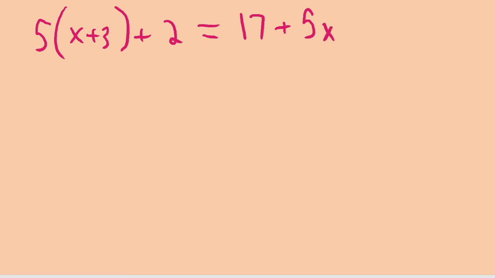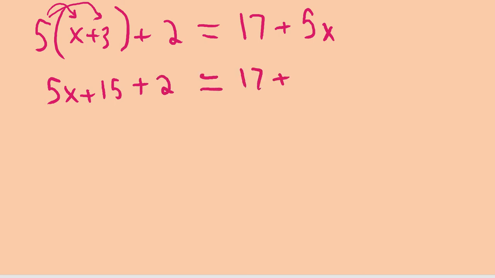We're going to do that by distributing. It gives you 5x plus 15, and then you bring everything else down. Yeah, we just distributed. We just got rid of the parentheses. All right, that's your first step. You want to get rid of those. You can't do the boxes until you get rid of those.